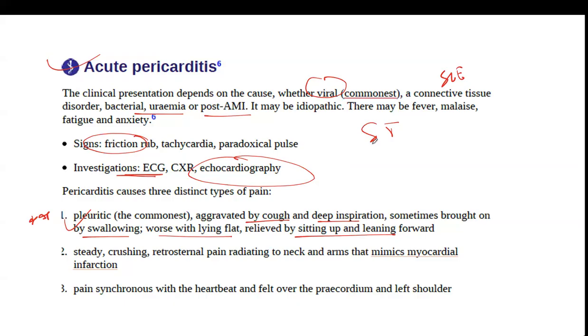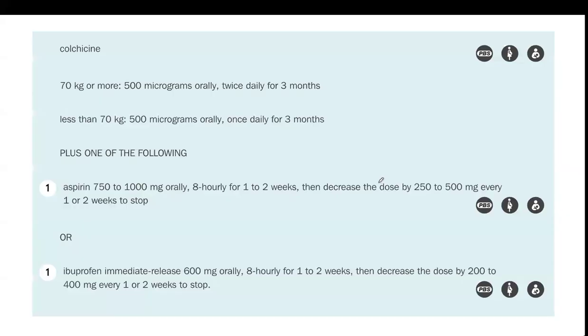Because pericarditis patients sometimes can develop pericardial effusion. Or sometimes it could be myocarditis presenting as pericarditic chest pain. So to rule out myocarditis and also to check whether there is any fluid around the heart, we do the echocardiogram. What's the treatment? The main treatment of pericarditis is colchicine, and you give the colchicine for 3 months.